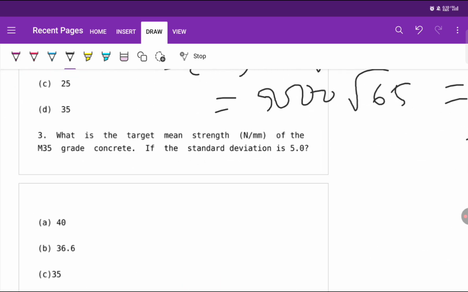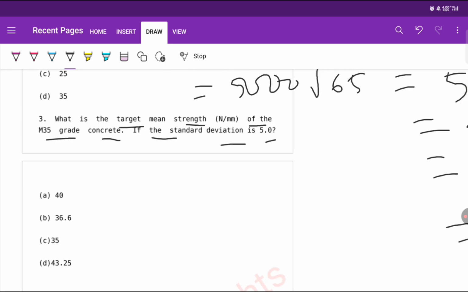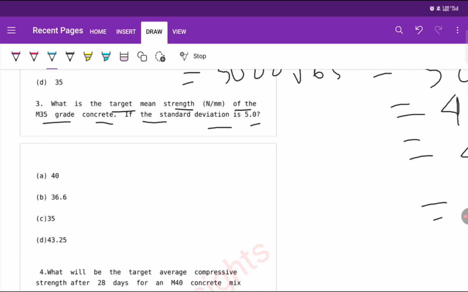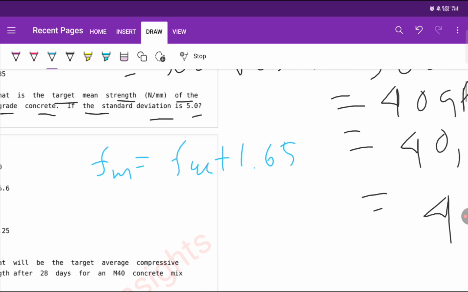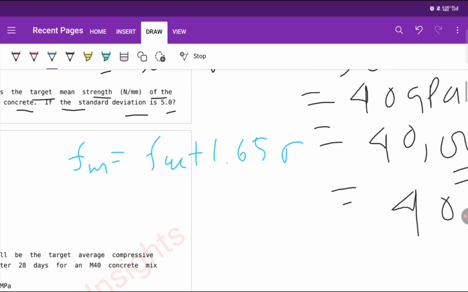Now coming to the next question. What is the target mean strength of the M35 grade concrete if the standard deviation is 5.0? The question asks for the target mean strength of M35 grade concrete. The formula for target mean strength is fm equal to fck plus 1.65 sigma.